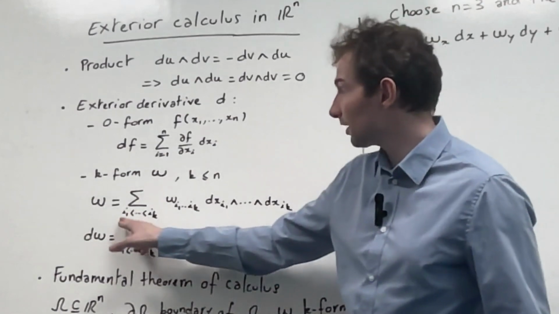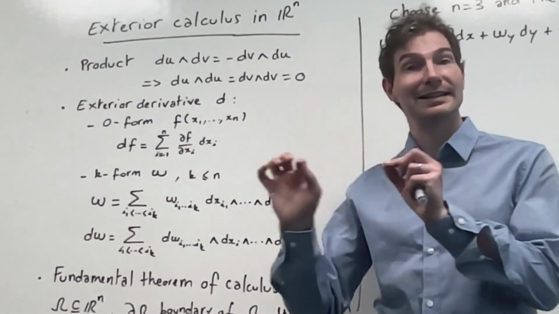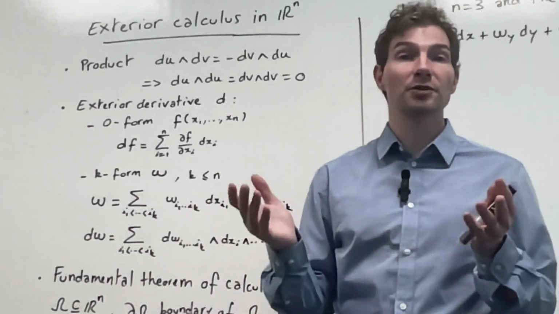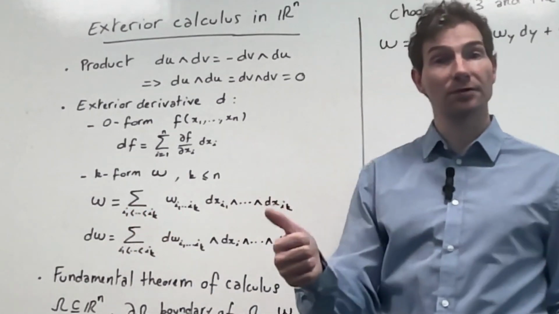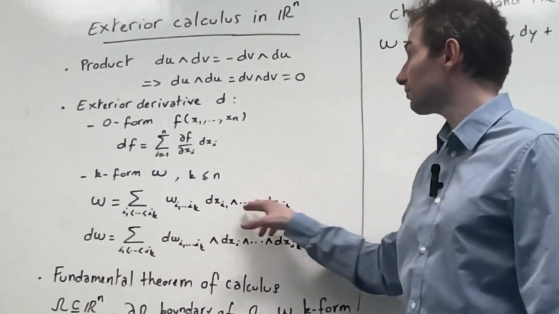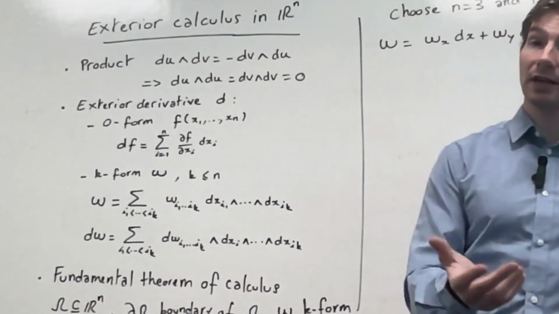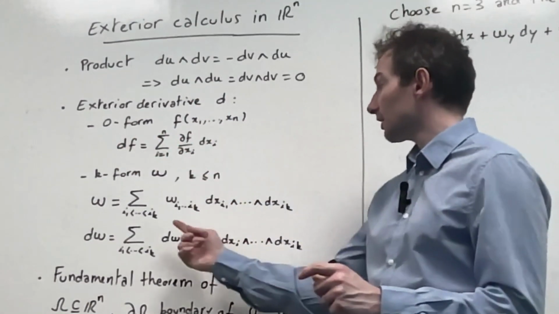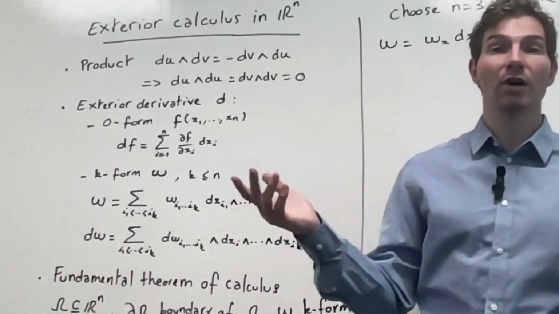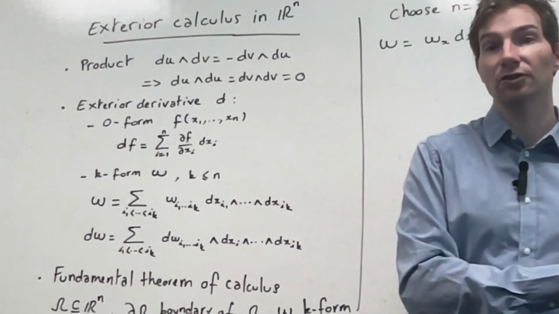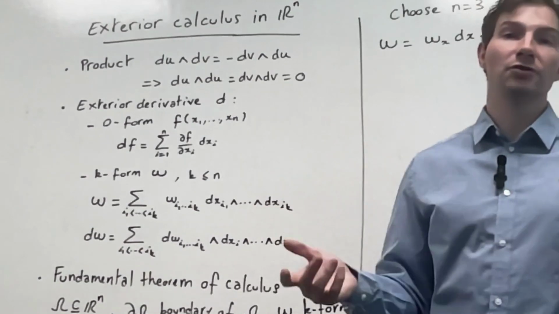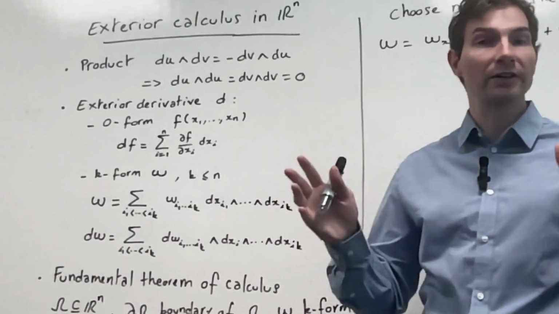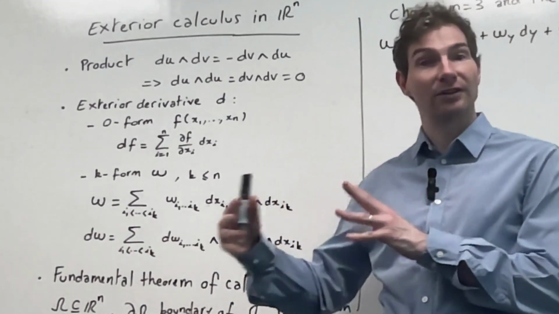You need to be careful: the indices have to be strictly ordered, at least in the formulation I've chosen here. The reason is that they can't be equal to each other, because if they're equal, you get zero from that property. And if you were to take indices that are only sometimes ordered, for example I1 is sometimes less than I2 but not always, then you risk double counting things, and you want the right number of basis elements to expand upon.